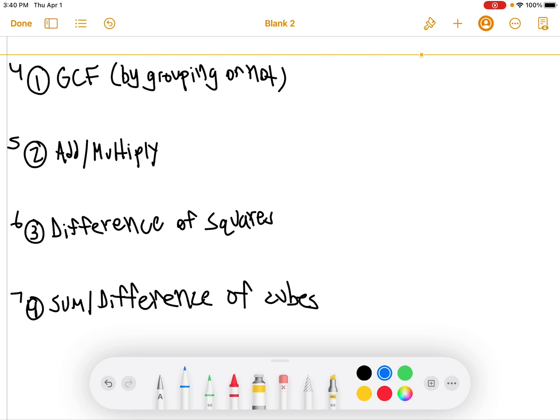Usually that's when there's 3 terms, but if the first term has a coefficient that's not 1, then you have to multiply it by the one with no x on it, and then later on divide by that, but we'll talk about that more. Use the difference of squares if there's 2 terms, the one without an x has a minus sign, and you can take the square root of both. And then you use the sum or difference of cubes if there's 2 terms, and you can take the cube root of both of them, and it doesn't matter if the term without an x has a plus or minus.